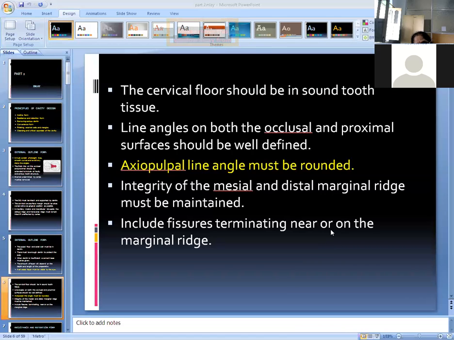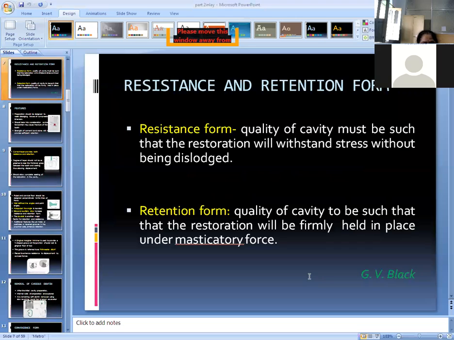And if there are any features which are terminating at the marginal ridges, you should include them. Otherwise, those features will act as sites for secondary caries formation. So this is about the internal line angle and internal outline form.